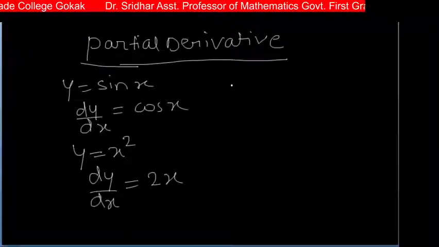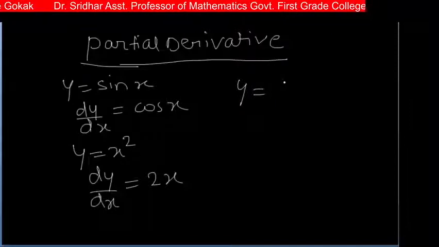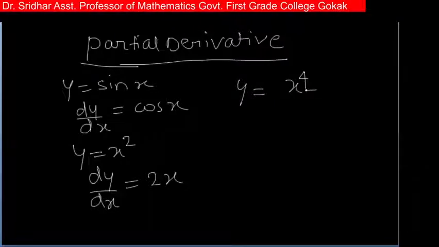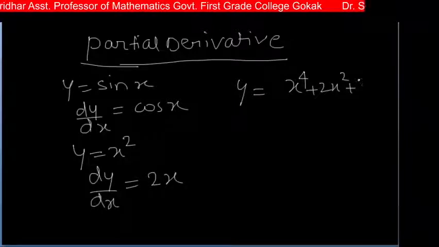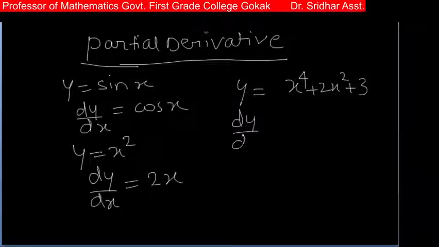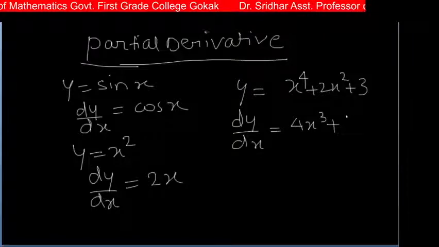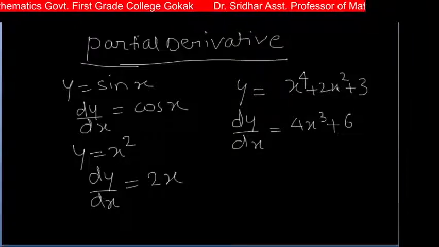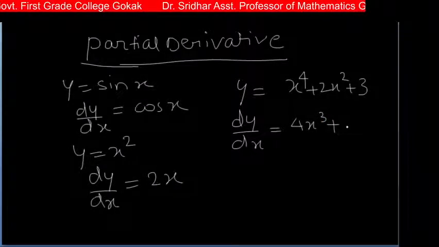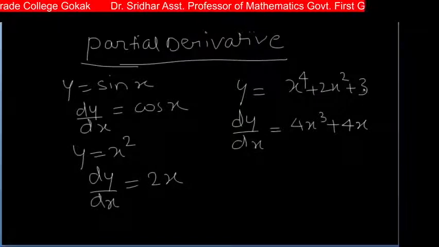Similarly, if you consider y is equal to say x raised to 4 plus 2x square plus 3, right? Then if you differentiate this, you will get 4x cube plus 4x, because differentiation of 2x square is 4x, and differentiation of a constant is 0.